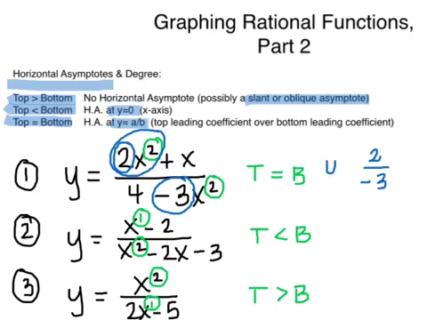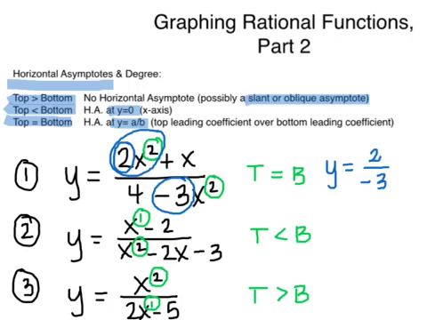So y equals the top coefficient over the bottom coefficient is your horizontal asymptote. That gives negative 2/3, and you can move the negative out from the bottom and put it in front, but basically y equals negative 2/3 would be the horizontal asymptote.